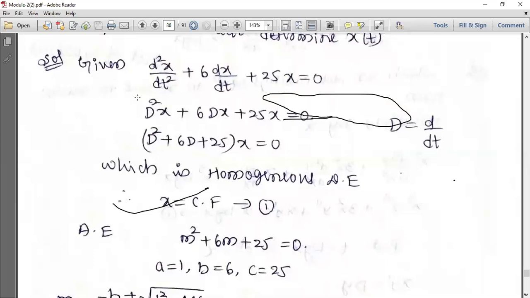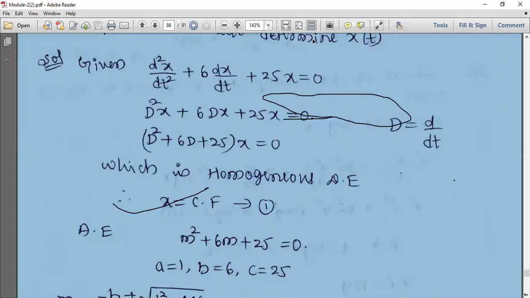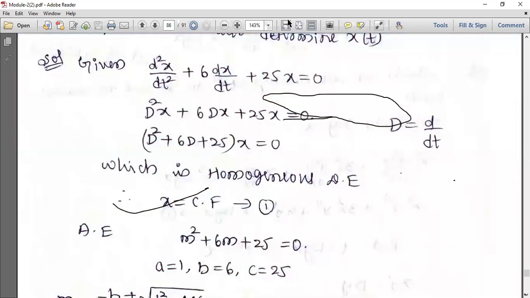So we know that I'll write d square by dt square as D square, 6 dx by dt as 6D, plus 25x equal to 0.